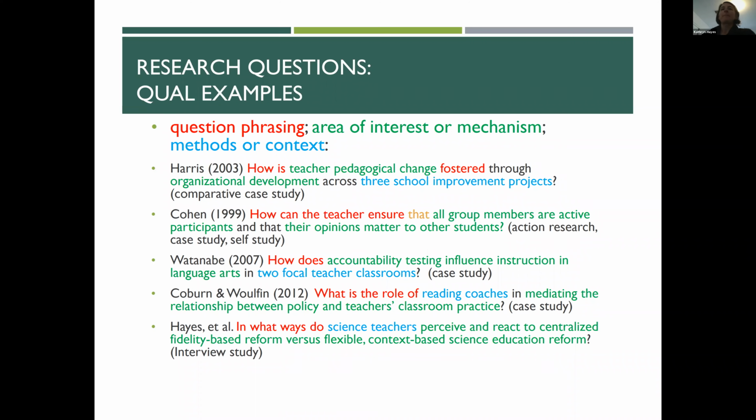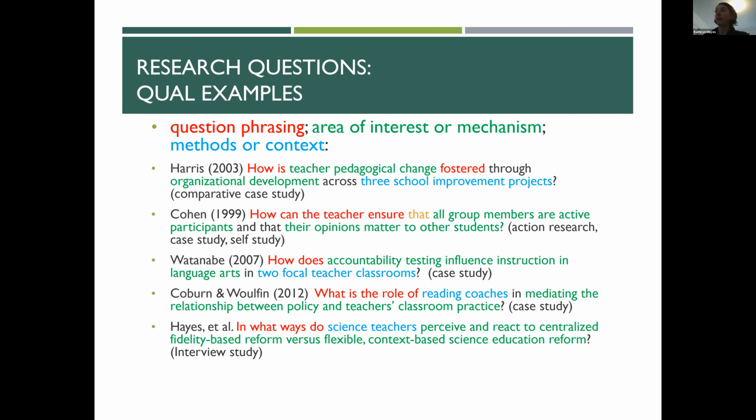Now, in green on this one is the area of interest or mechanism, and in blue is the methods or context, all right? So for the Harris question, how is teacher pedagogical change fostered through organizational development across 3 school improvement projects? You can see that the context is 3 school improvement projects.